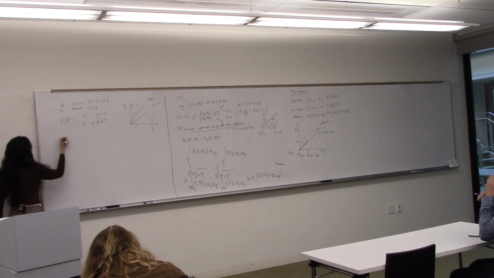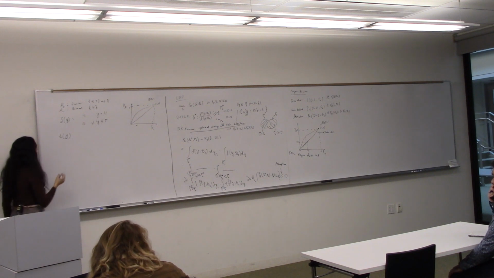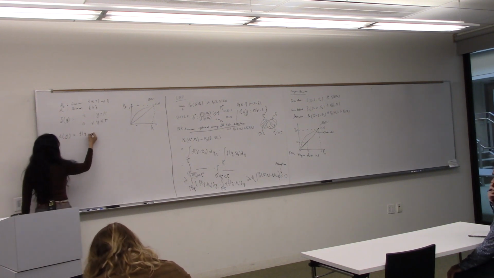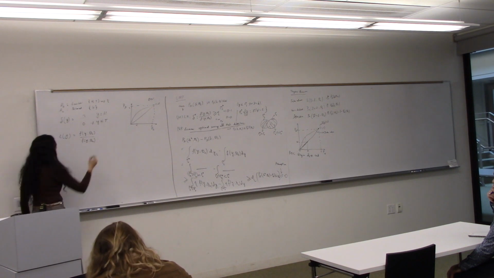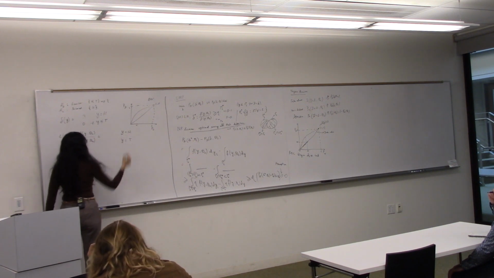Let me write down the likelihood ratio here. How can I compute this? Again, there are only two possibilities. What are the two values the likelihood ratio takes?